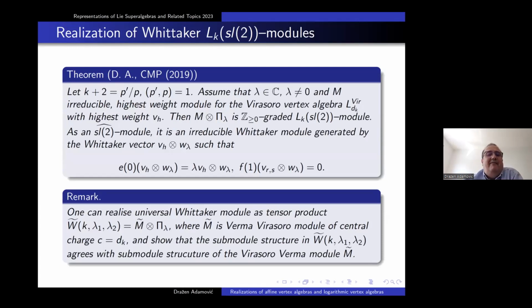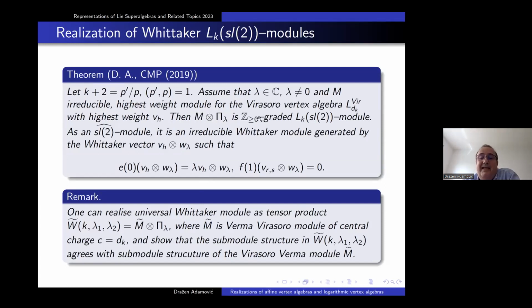So in this paper, what happened? We can construct all possible degenerate irreducible Whittaker modules as a tensor product M tensor P lambda, where M is an irreducible highest weight module for the Virasoro algebra, and P lambda is the Whittaker module for this pi 0.